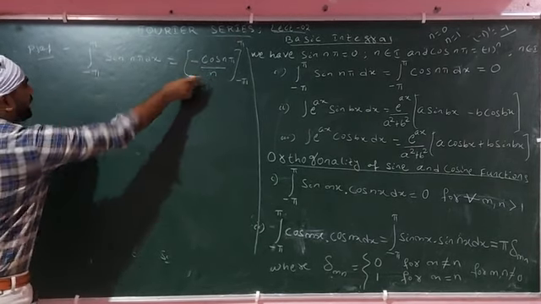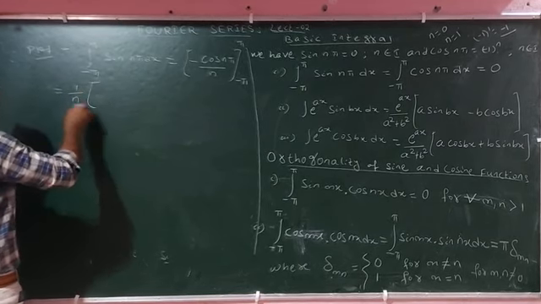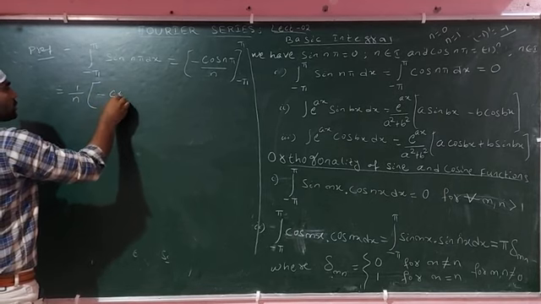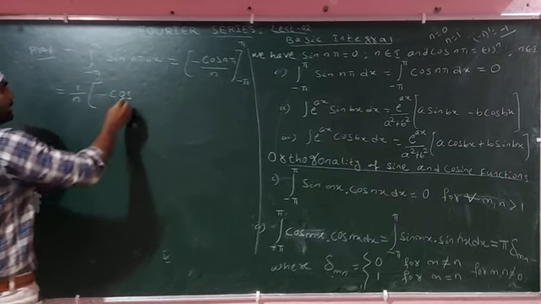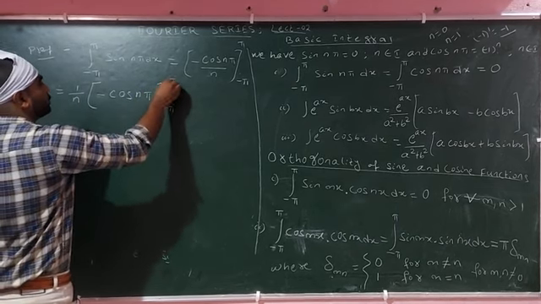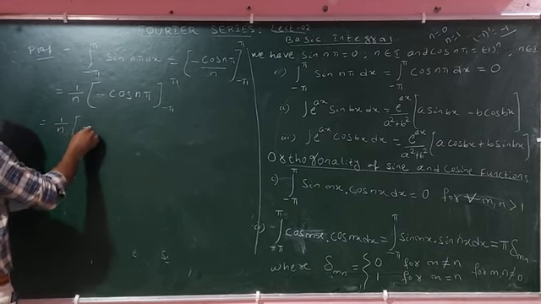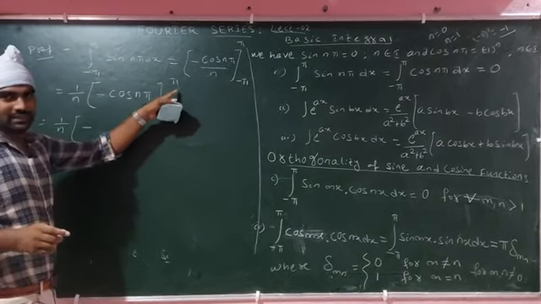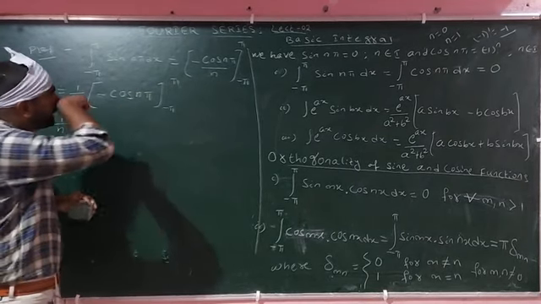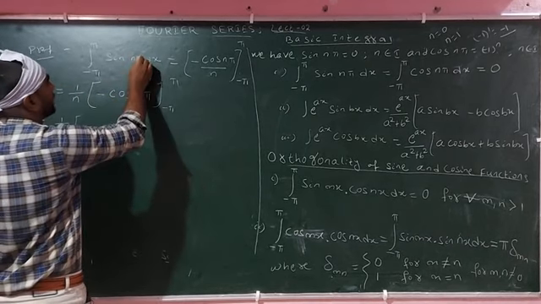Here n is a constant and the constant can be taken outside, so 1 by n times minus cos n x from minus pi to pi. So 1 by n equals minus, we put the limits, in place of x, n pi and minus n pi, cos n pi.